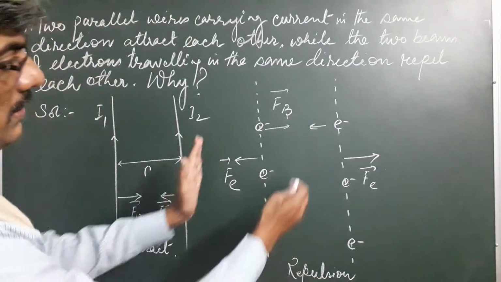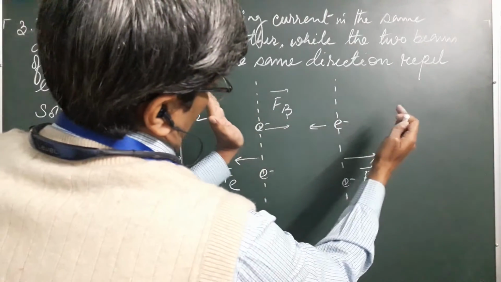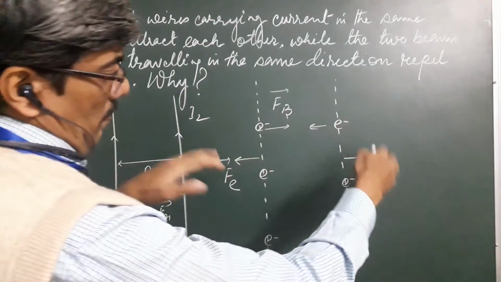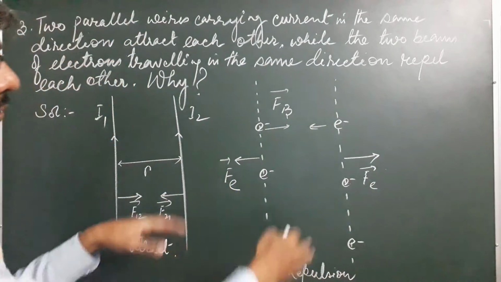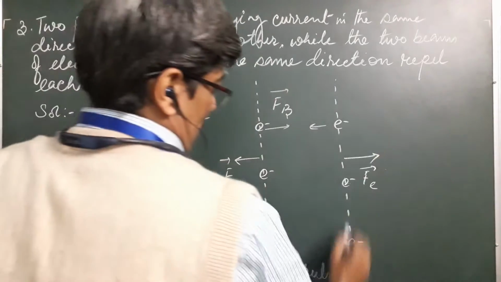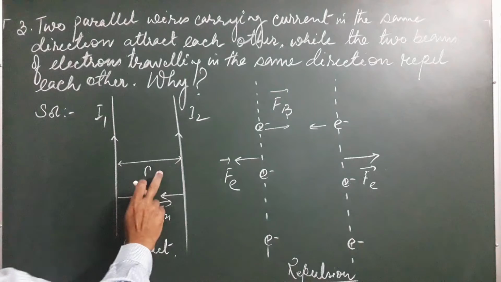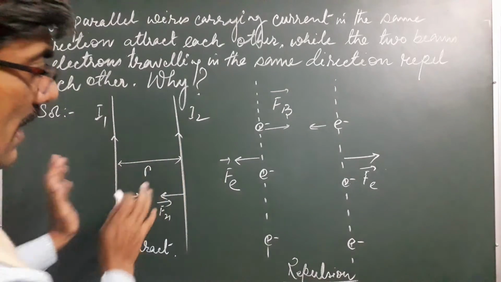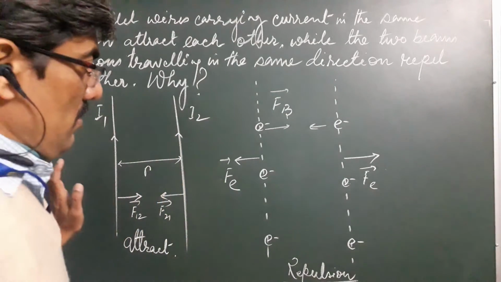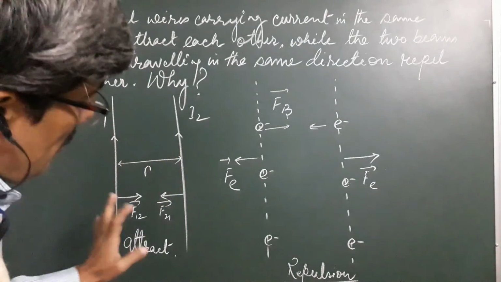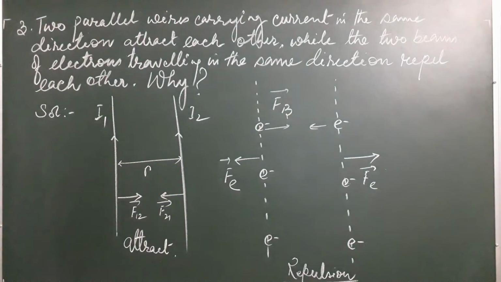Thus, in effect, there are two vectors. One is attracting force, another is repelling force. Since the repelling force is much more than the attracting, the net result is repulsion. Here, the repelling part does not take place. Here is only the magnetic force, thus attraction only survives.